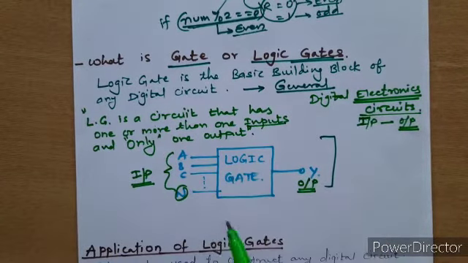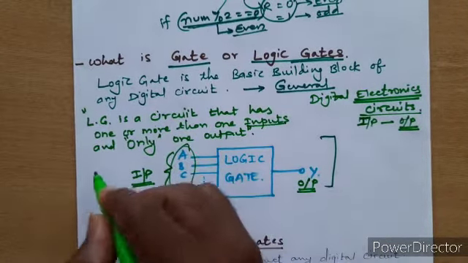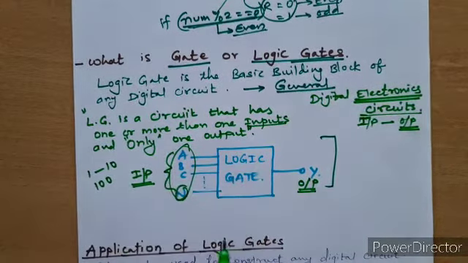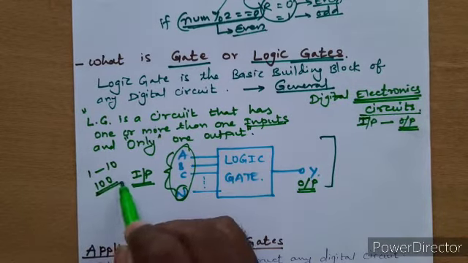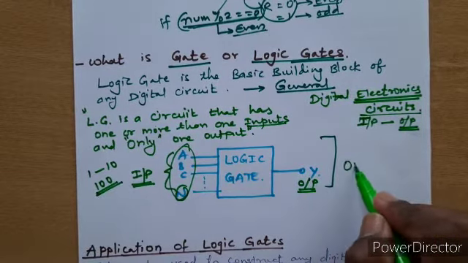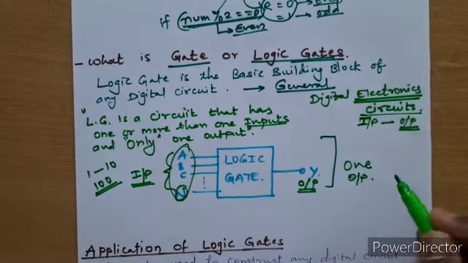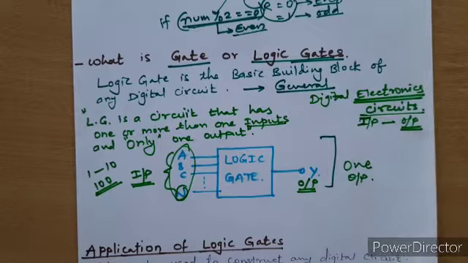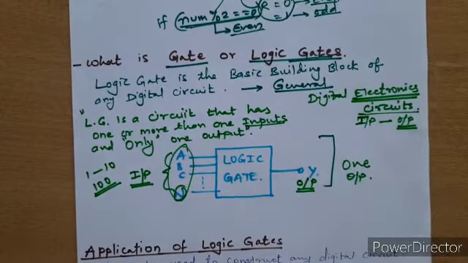You take any number, you take 1 or 10 or 100. You can take any number here, but you will get only one output here, right? So that is what this logic gate is.